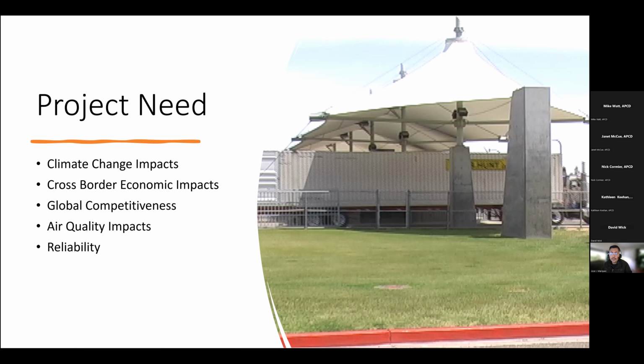The proposed project will help mitigate these impacts by providing real-time border and incident information to users, increasing the reliability of cross-border freight and passenger vehicles, and fighting climate change by reducing greenhouse gas emissions produced from heavy border congestion.